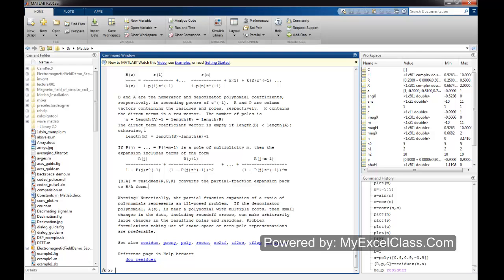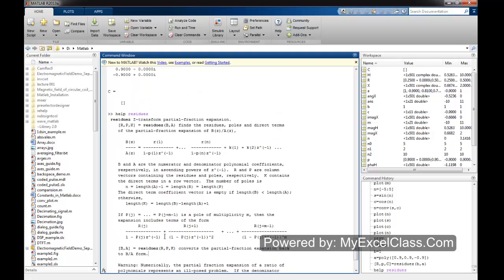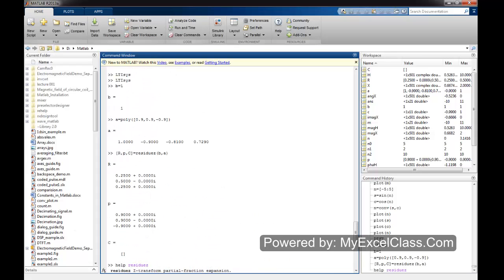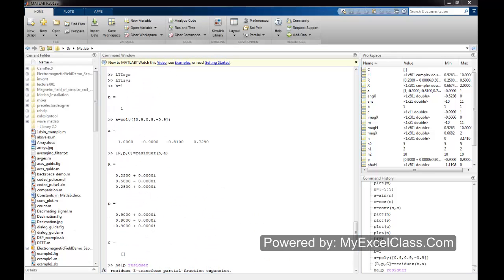The direct term coefficient vector is empty if length of b is less than length of a, otherwise length of k is equal to length of b minus length a plus 1. So this is a very short, efficient way of calculating that. Now it has calculated the roots of your fraction, r, p and c.